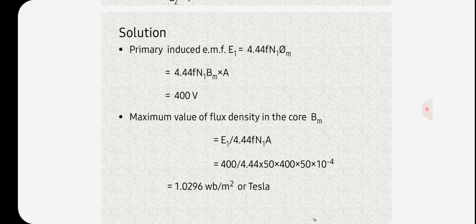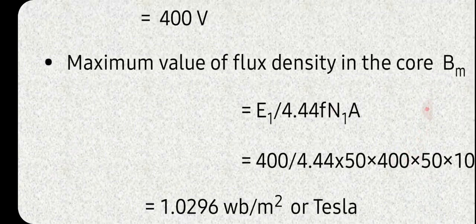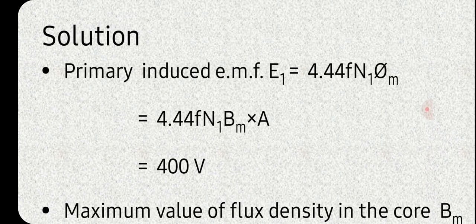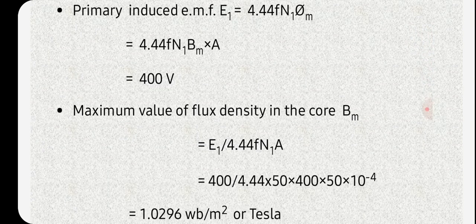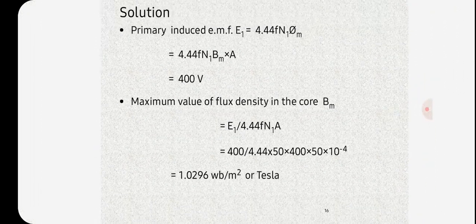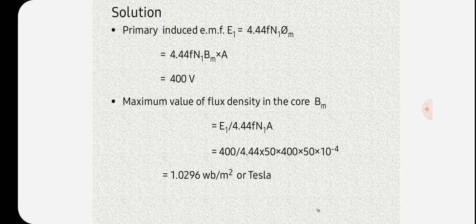So from this equation we can calculate the maximum flux density. Maximum flux density is equal to E1 by 4.44 F N1 A. So we can substitute all the values in this equation.